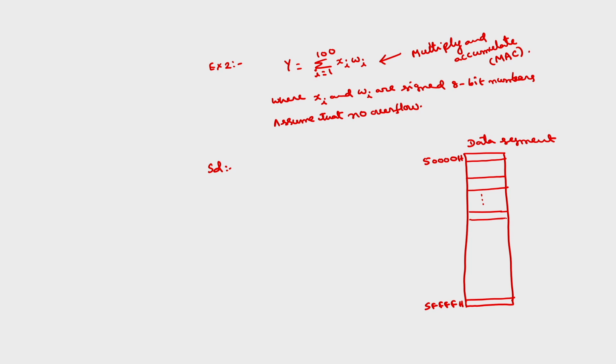I am assuming that this is 50,000 to, if I assume the total 100, so this is 50,063H. Here x1 is stored and here x100 is stored.